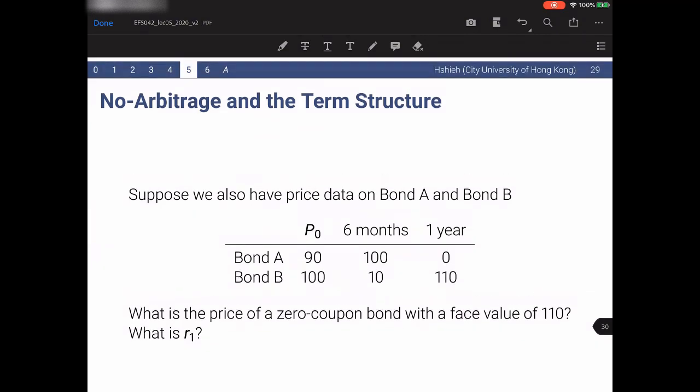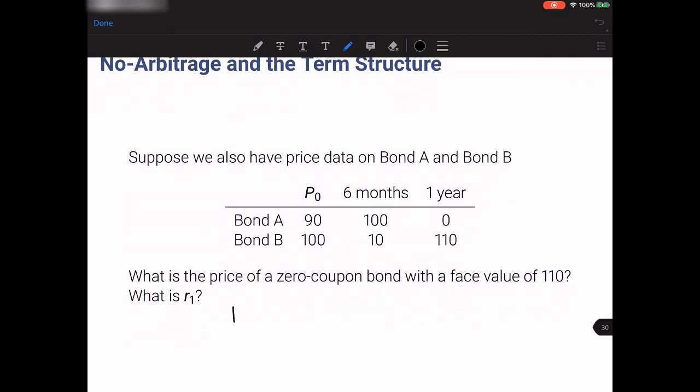I'm going to write PV of zero coupon bond, ZCB, is equal to 100, because we're buying bond B, so it's worth $100, but then we're going to sell 1/10, so that's going to be a minus 90 divided by 10.